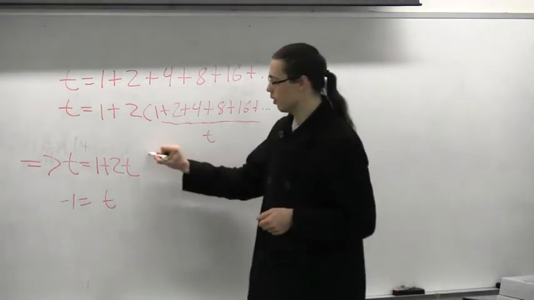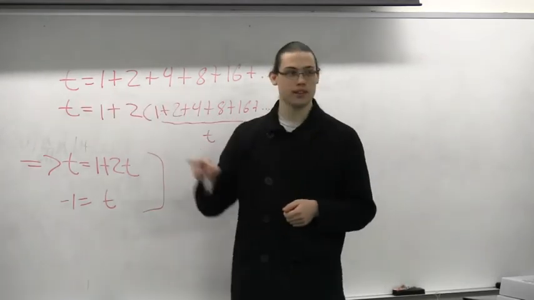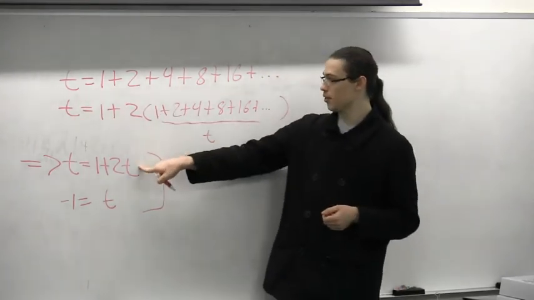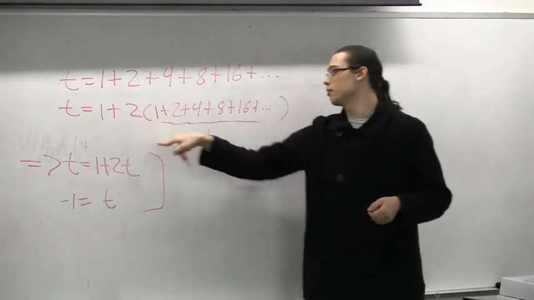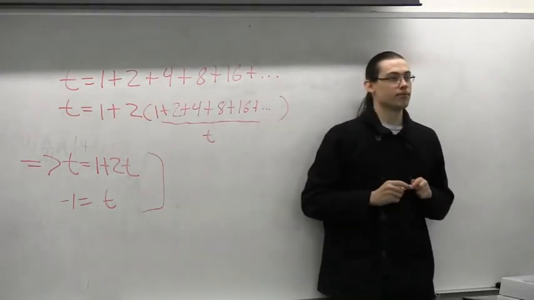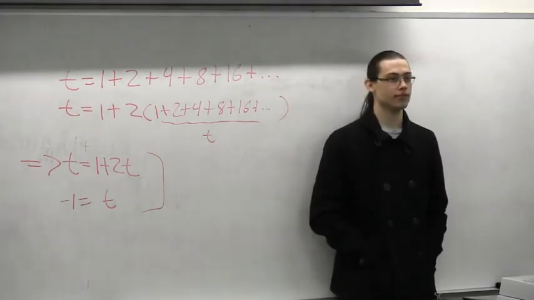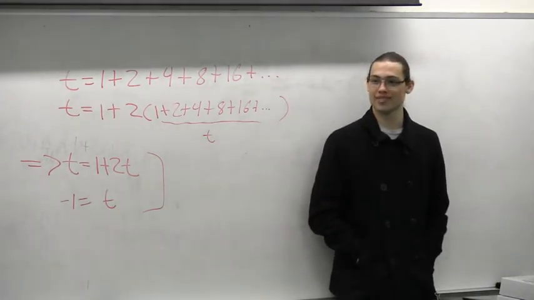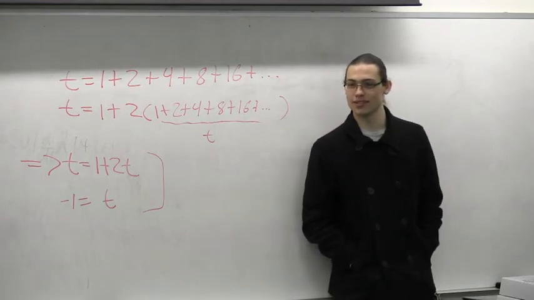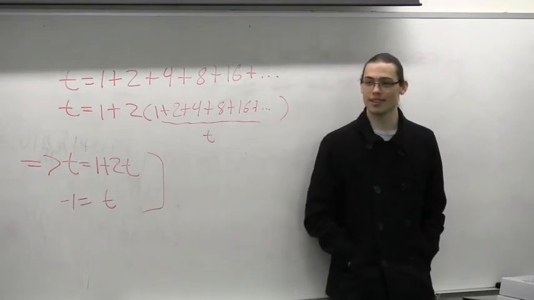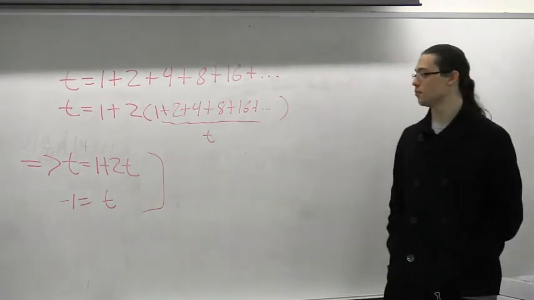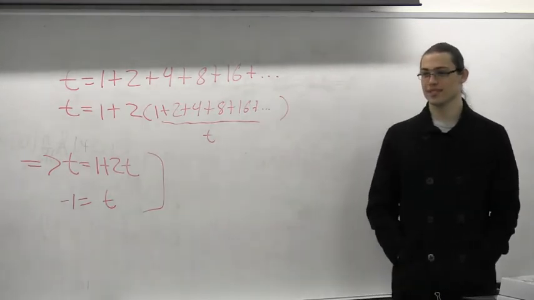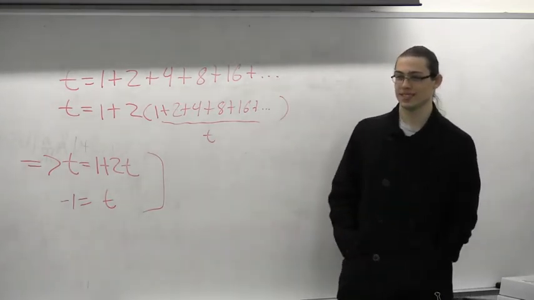Why, once I got to this step, can't I just do that? I mean, this is true, right? I've just rewritten it, t equals 1 plus 2t. You added more. Like the series matches, but the meaning of the t is different. t was supposed to be an infinite series, and then it's like you added it again.